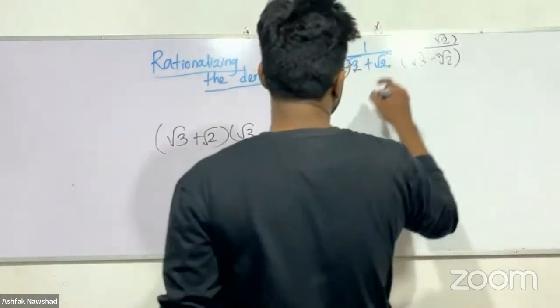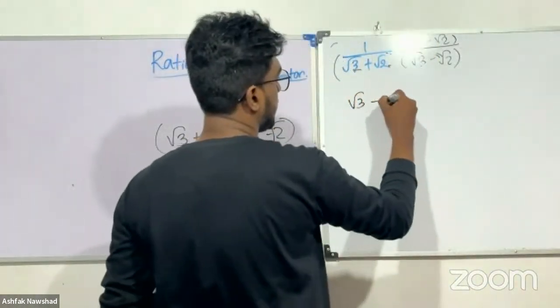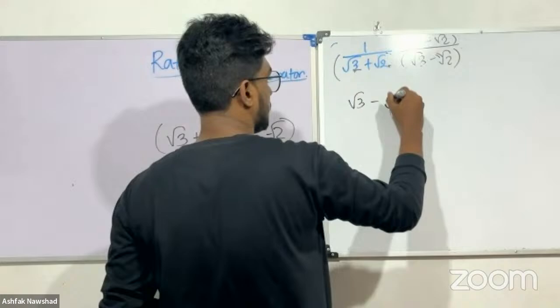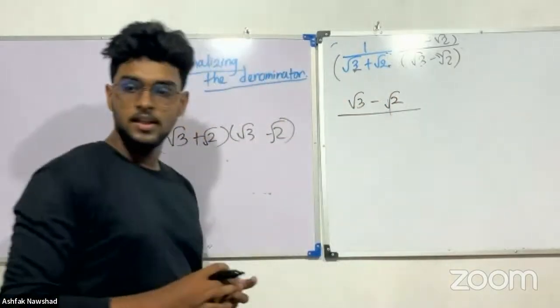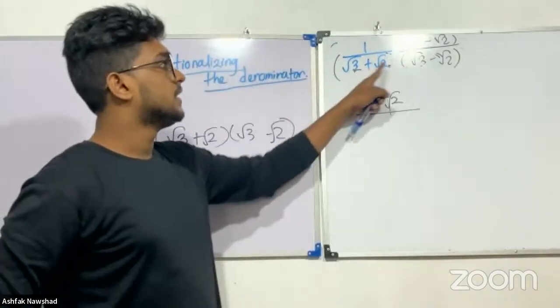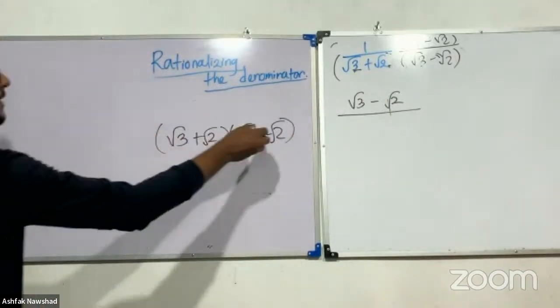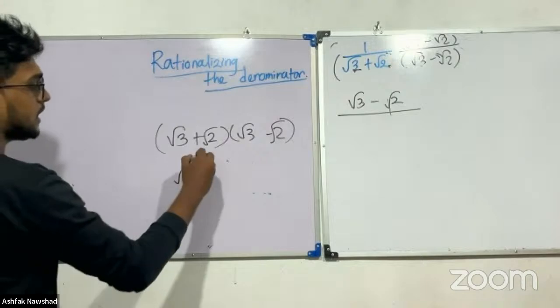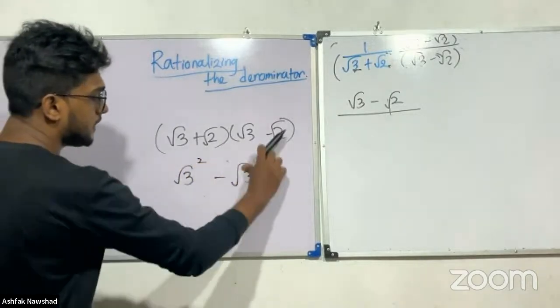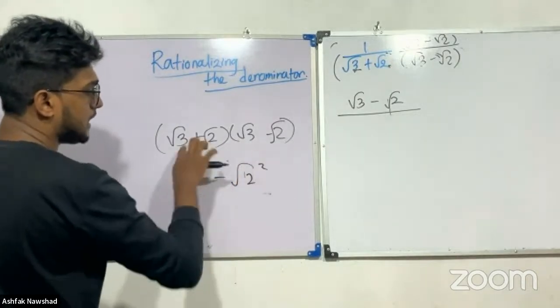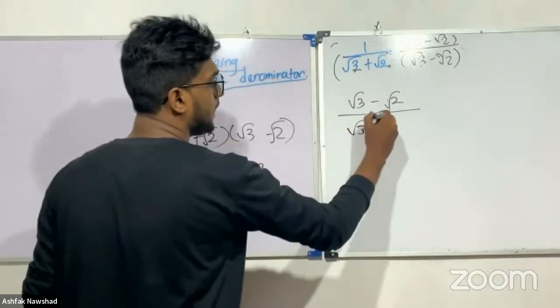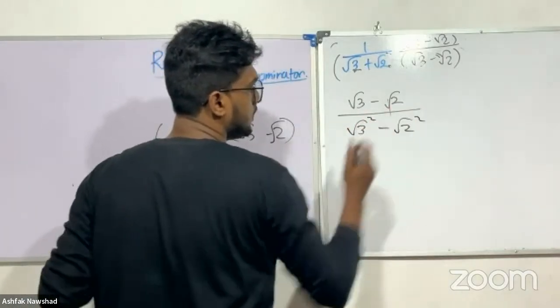Now see, 1 times root 3 minus root 2 is just root 3 minus root 2. You can see that conjugates when multiplied create a difference of 2 squares. So we directly know the answer for this is root 3 square minus root 2 square.